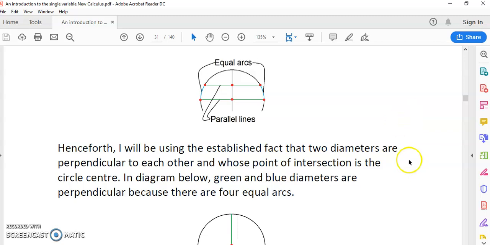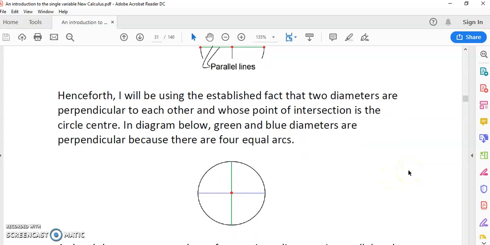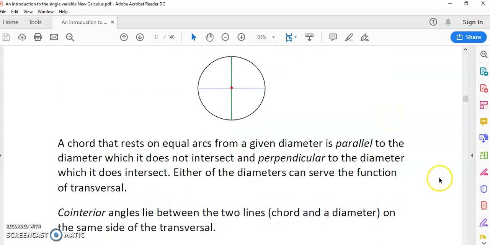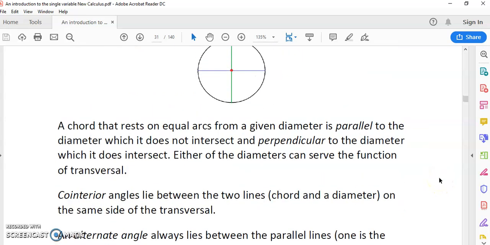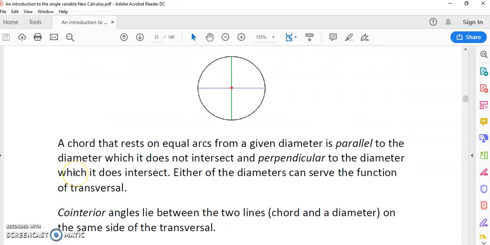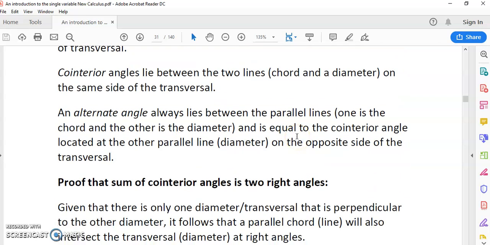So we can now, using this established fact that the diameters are perpendicular and their point of intersection is a circle center, say that the rest of the different types of angles can be defined. For example, co-interior angles, alternate angles. We basically define parallel lines, and we can also define now right angles.